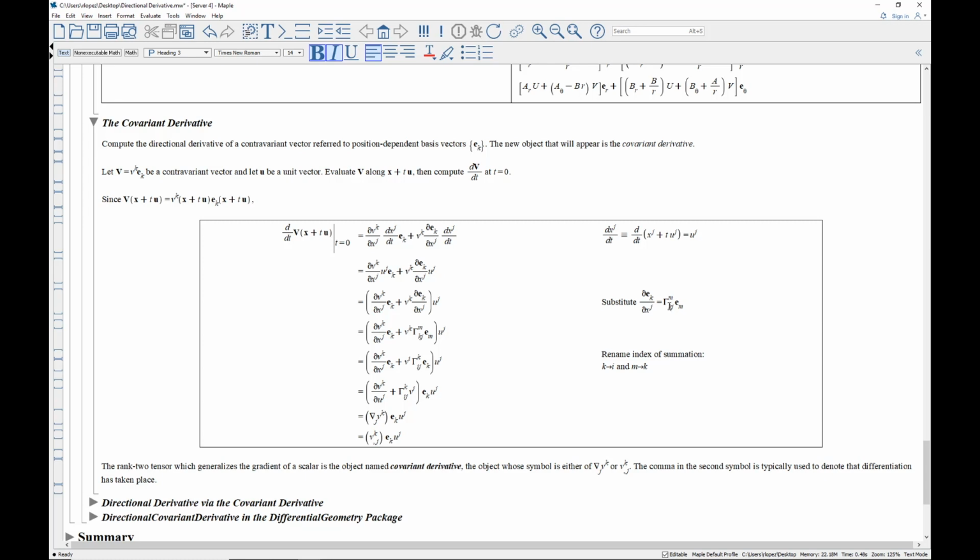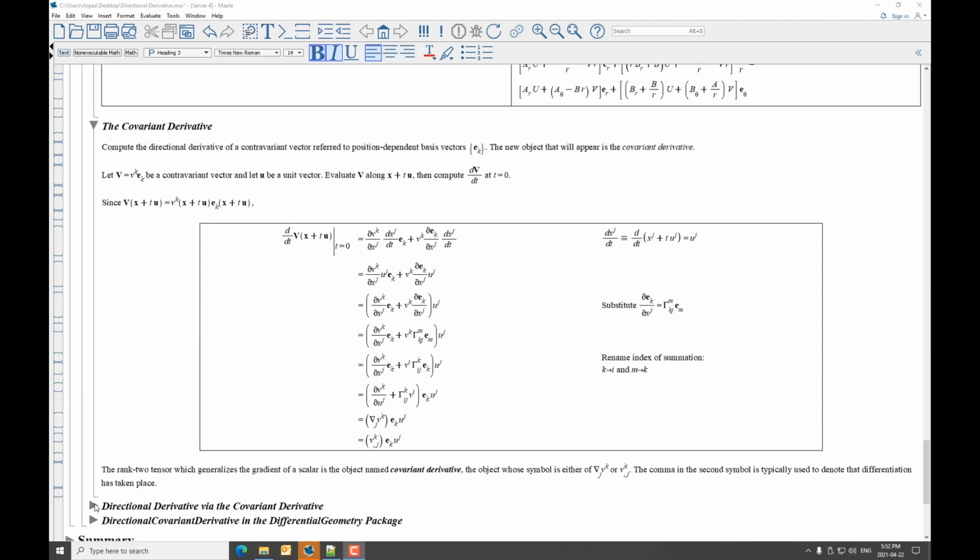And the coefficients in those linear combinations are the Christoffel symbols. That's all that's ever happening here in the definition of the covariant derivative. Okay, so that's the background to covariant derivative that will give you an inkling as to what will happen next.